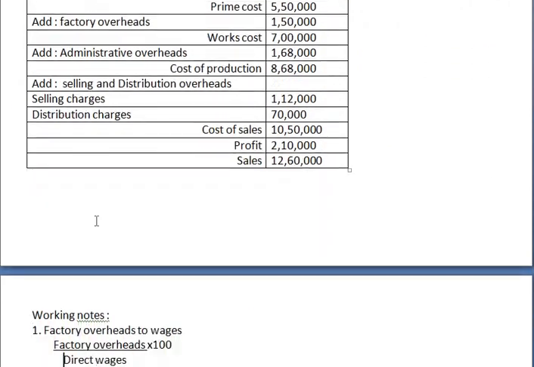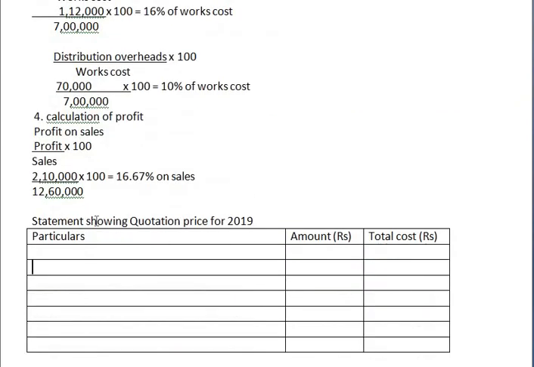That material is nothing but direct material, amount is 4,000, and here it is direct wages, amount is 2,500.